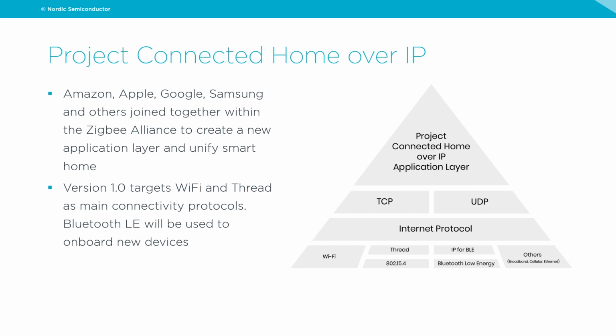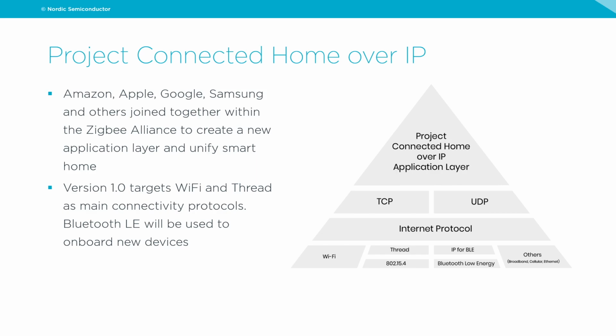So speaking about Project CHIP, Project Connected Home over IP is a working group within the Zigbee Alliance with the goal to unify smart home by specifying a new application layer running on top of IP.